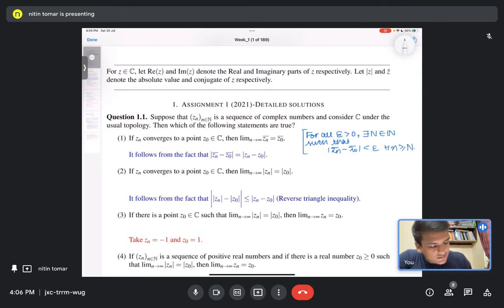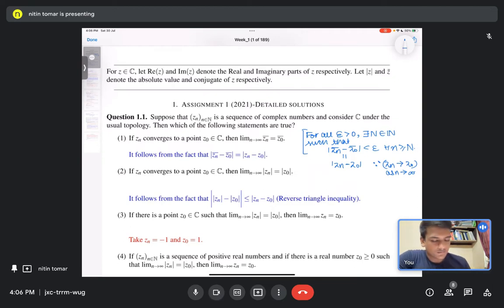Now you know that this definition is true because Zn already converges to Z naught, right? So we have this epsilon N definition to be true.